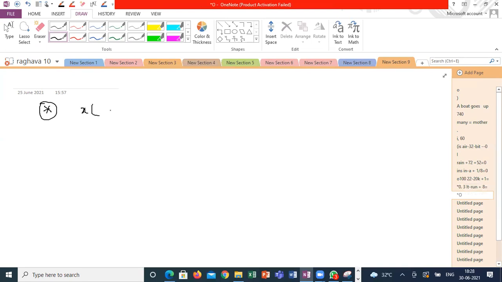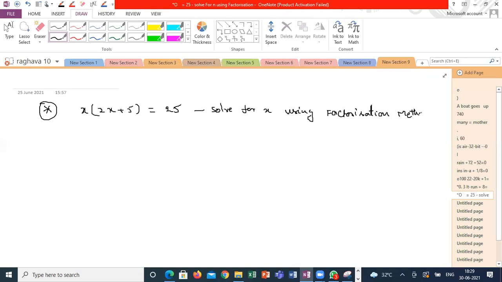Solve for x using the factorization method: x into 2x plus 5 is equal to 25.